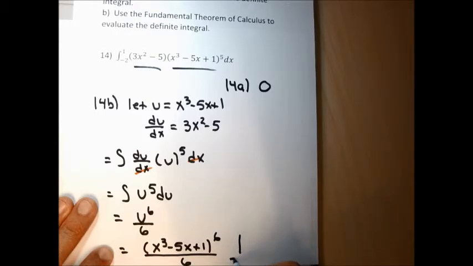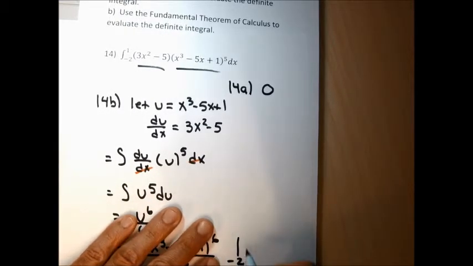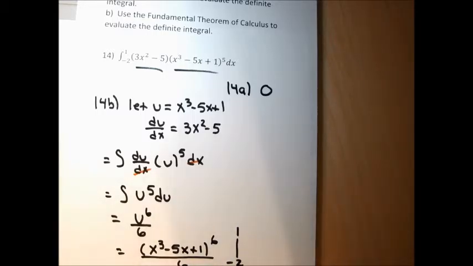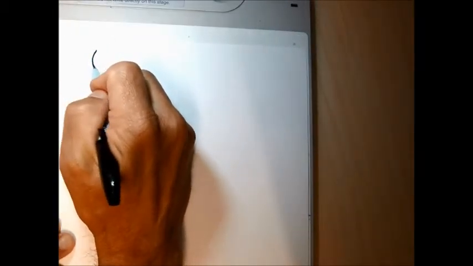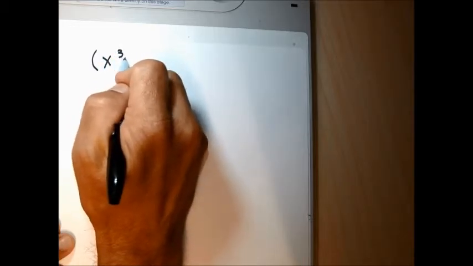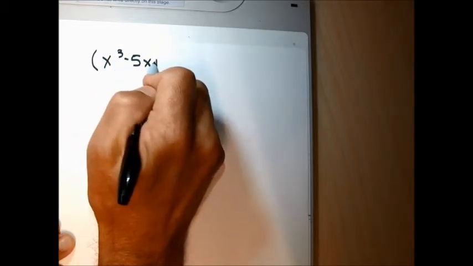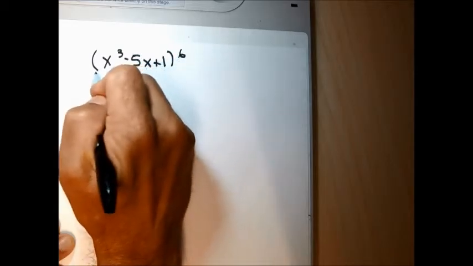I have to evaluate that at -2 and at +1, and I hope like heck I pull out a 0. And that's going to take a lot of room, so I'm going to do all this work plugging 1 in and plugging -2 in on a separate sheet of paper. So when I plug 1 in, the original function that I'm dealing with there is x cubed minus 5x plus 1 to the 6th over 6.